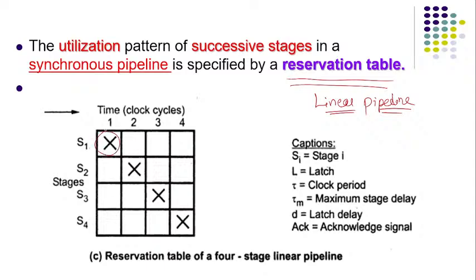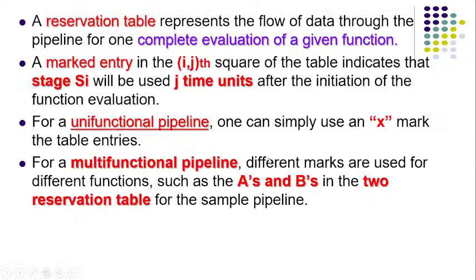Means in clock cycle 1, this particular stage is utilized, in clock cycle 2, the second is utilized. This is the graphical representation. The reservation table represents the flow of data through the pipeline for one complete evaluation of a given function. For a unifunctional pipeline we can simply use an X mark in the table entry.